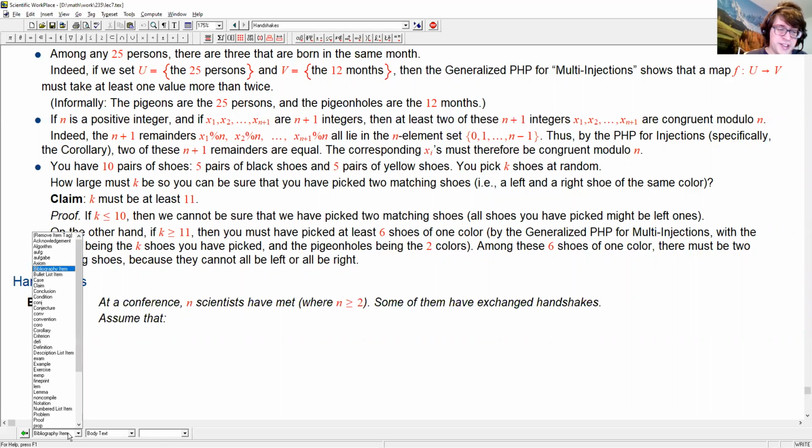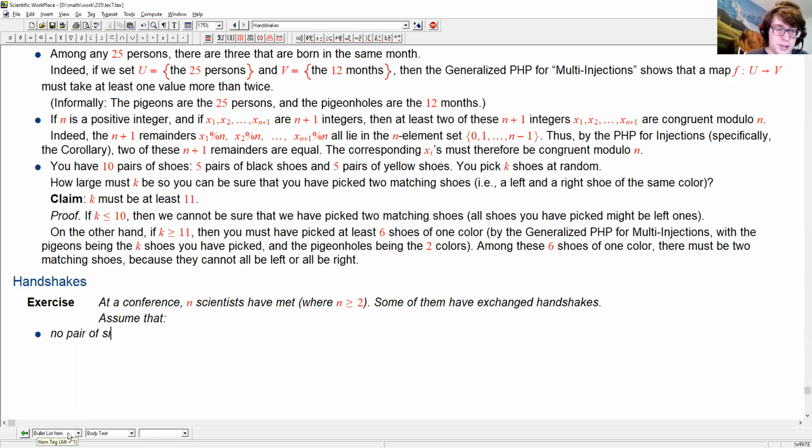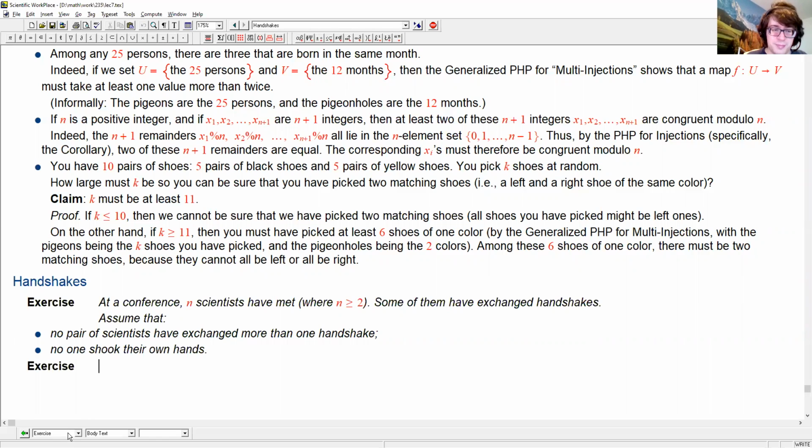No pair of scientists have exchanged more than one handshake with each other, and no one shook their own hands. Claim: there are 2 scientists that have shaken the same number of hands.